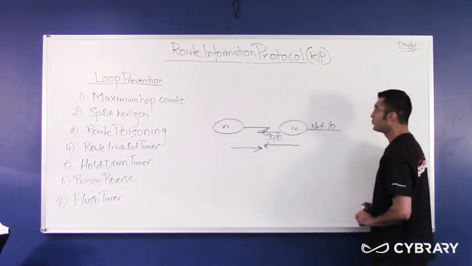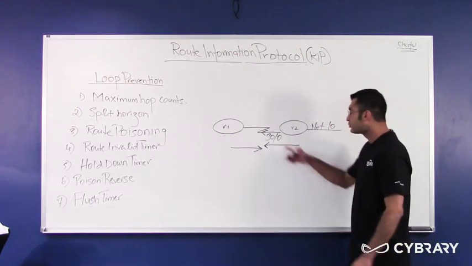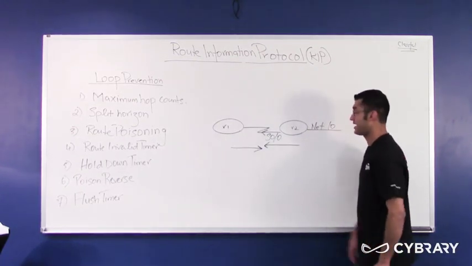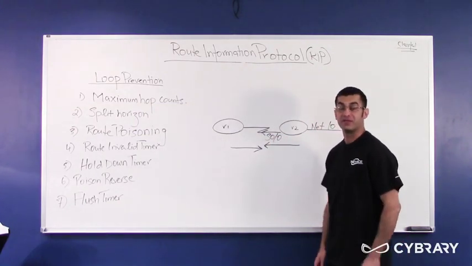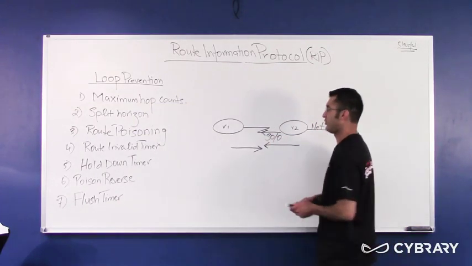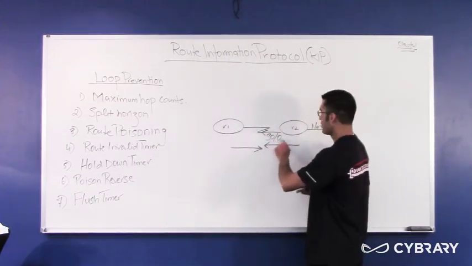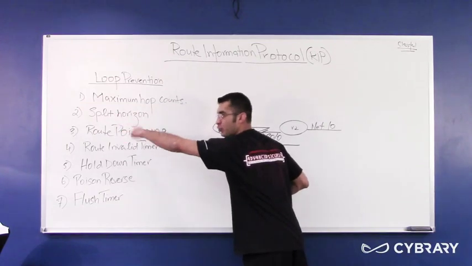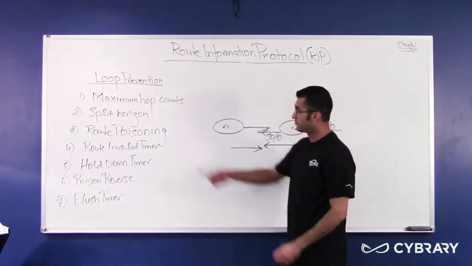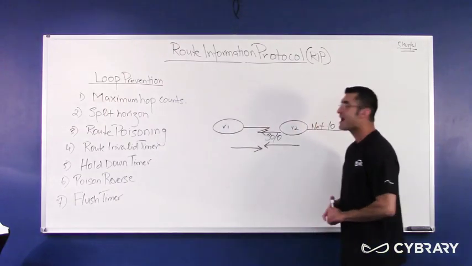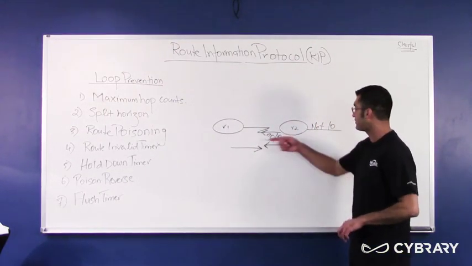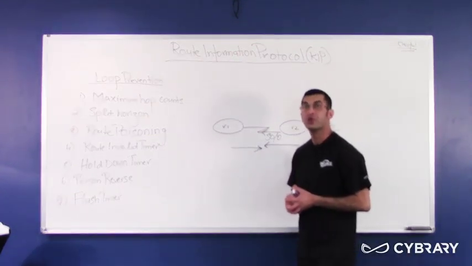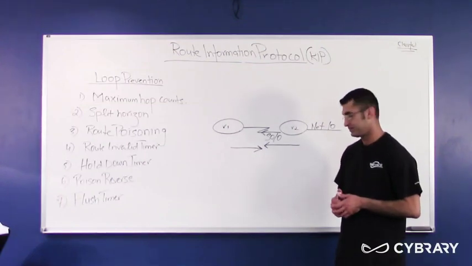So if router 2 sends an update about network 10 out of the serial 0/0 interface, router 2 will not accept an update about network 10 coming in on the same interface. And it makes sense. The only way network 10 would arrive on router 2's serial 0/0 interface is if there was a loop here somewhere downstream and the update looped around is now on its way back. So the rule of split horizon says, once again, if I send an outbound update out an interface about a certain network, I am not going to accept an update inbound on the same interface about the same network.